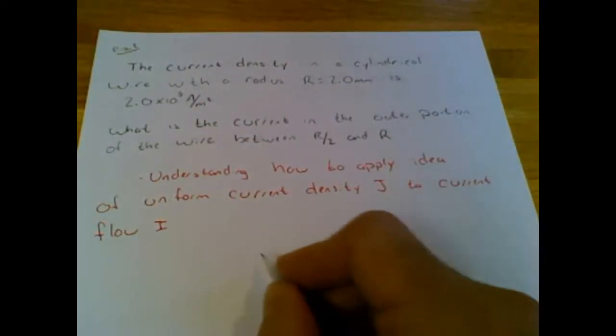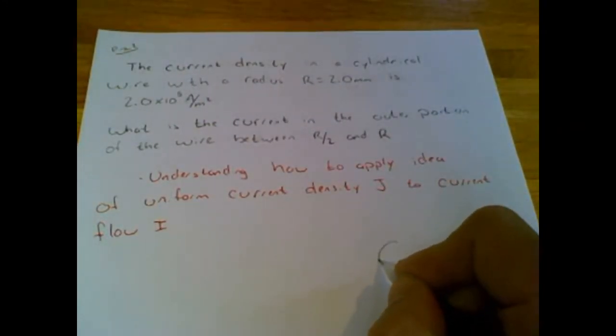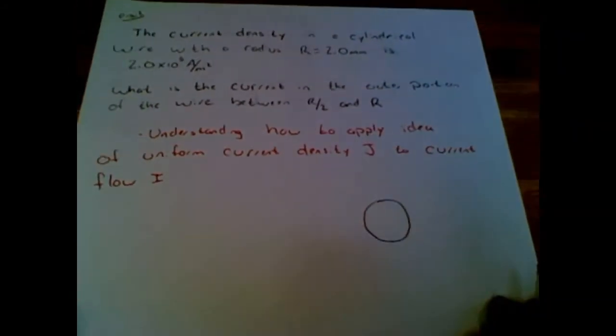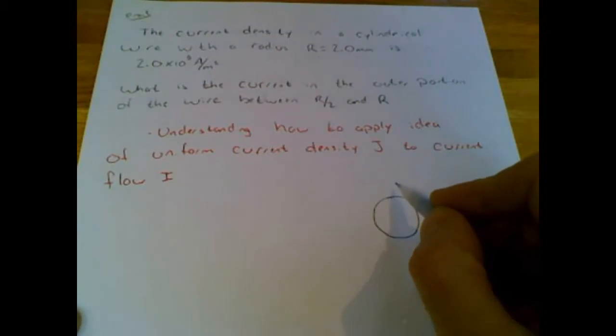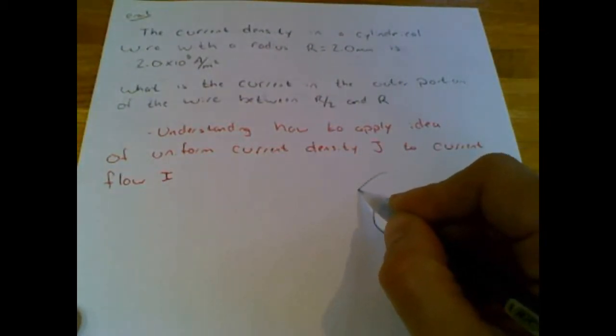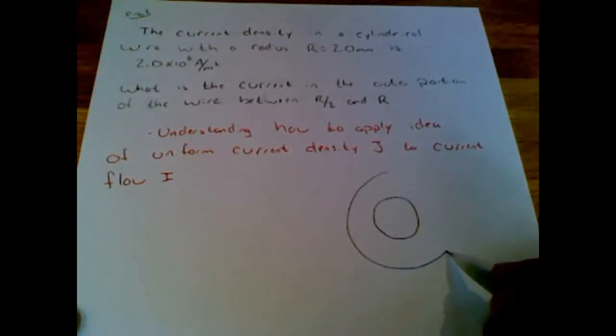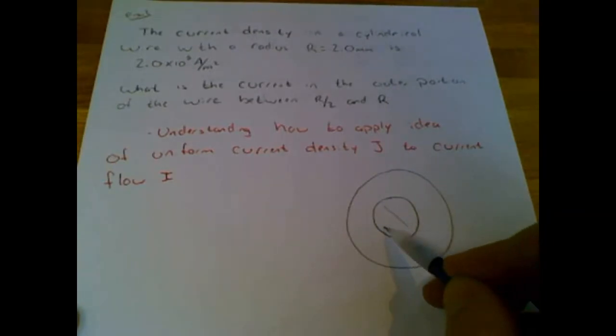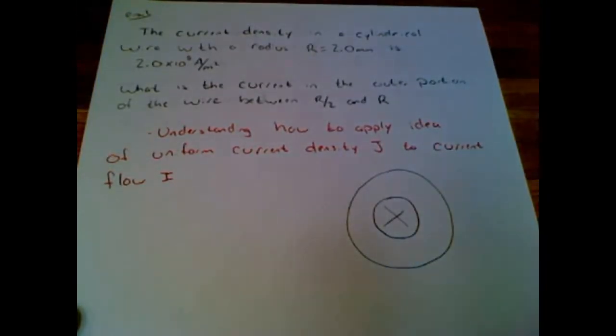So if I were to draw my wire, just a blown up version, there. That should have been dotted, but sorry. So this portion, I don't actually care about. I'm going to X through that.